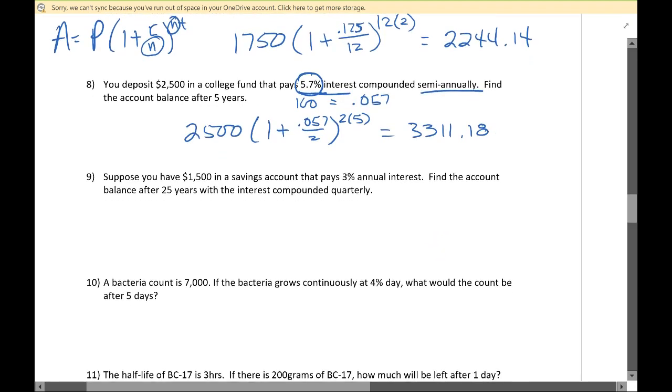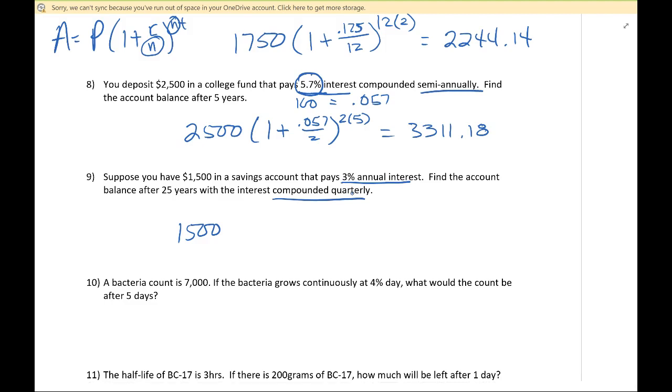Okay. Number 9, we start off with $1,500 in a savings account. It's paying 3% annual interest, compounded quarterly. Quarterly means 4 times a year. So you're not going to get charged 3% interest all 4 times. You're going to get charged 1/4 of that 3%.